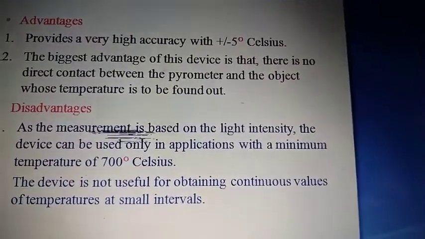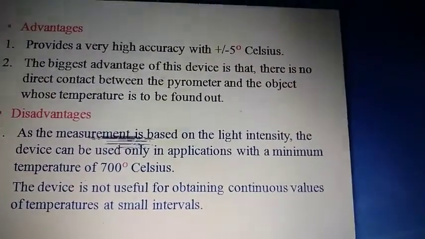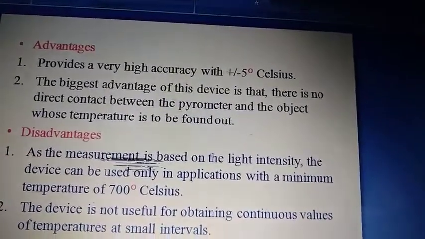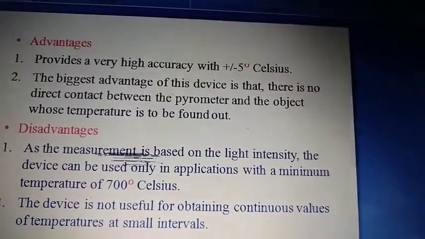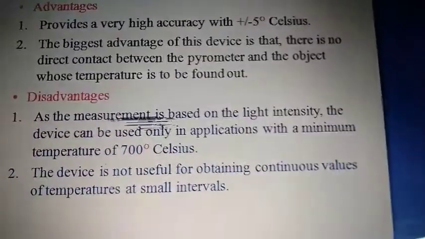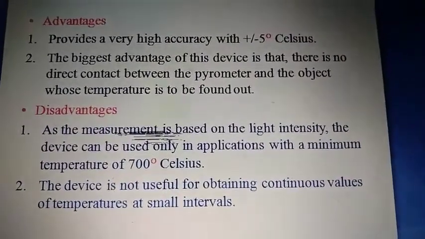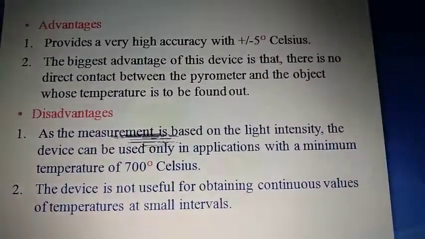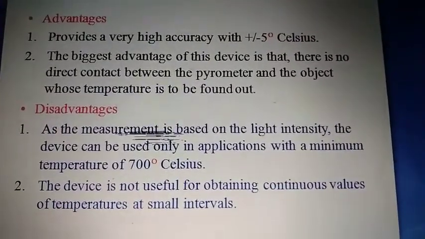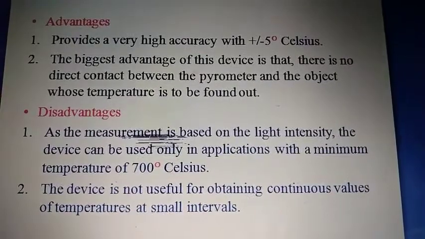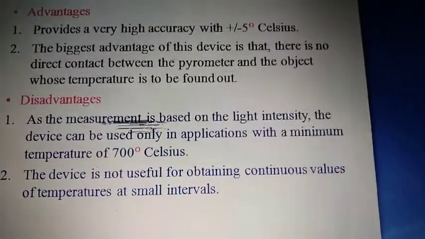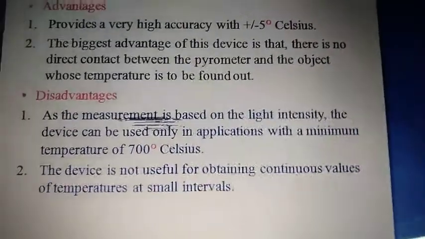Below that, the visibility does not appear clearly, so only above 700 degrees does it measure. And to measure continuously in a controlling process, you are only observing manually, so an automatic process is not involved.